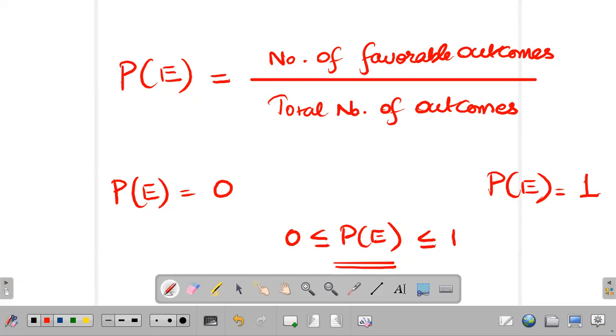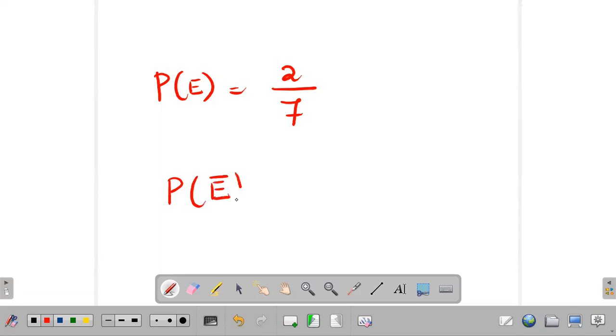Okay. Now, the next thing that you all have to be aware of: suppose I say the probability of an event E is equal to 2 by 7. Let me say the probability that the event E happens is 2 by 7. So can I know the probability that the event E does not happen?